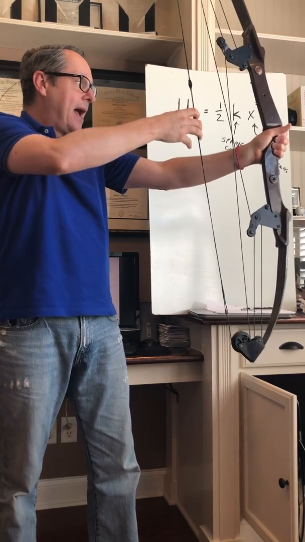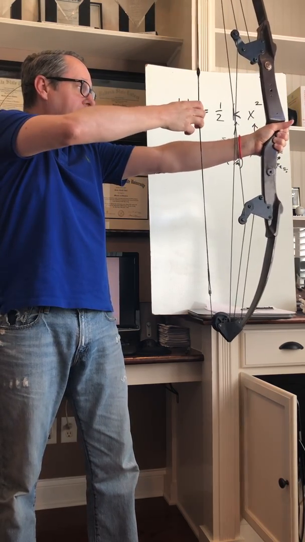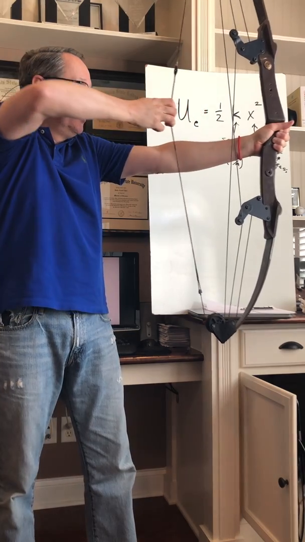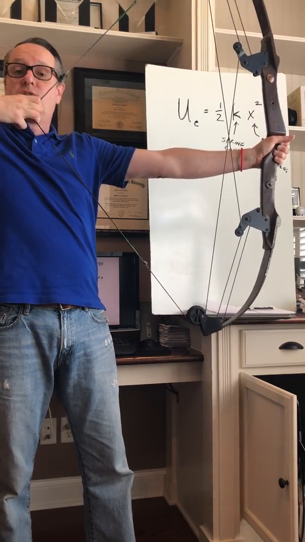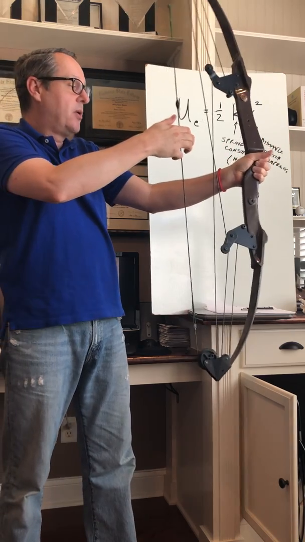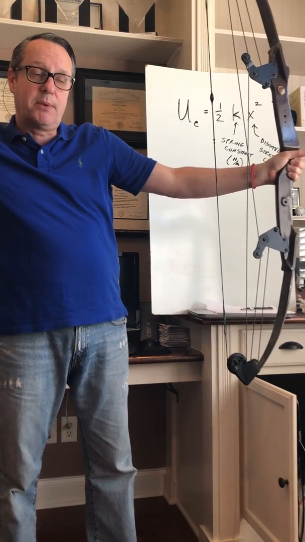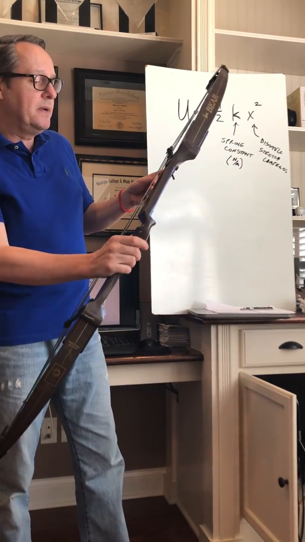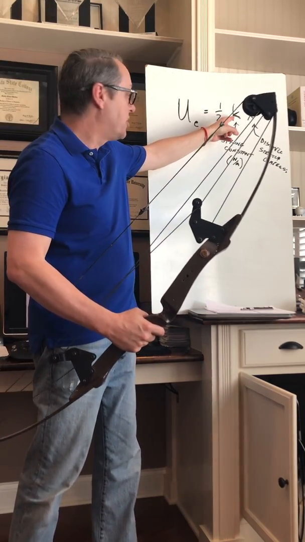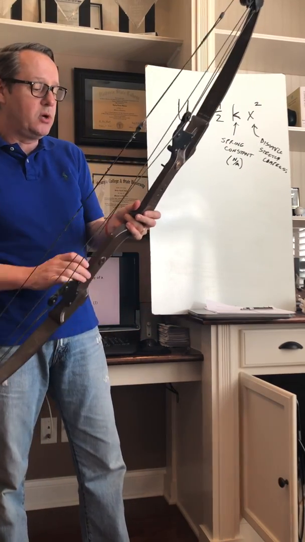So if I'm pulling it back from a resting position to this, I stored some potential energy. I applied a force through a displacement, so that's probably not going to change, but K does change in different bows.